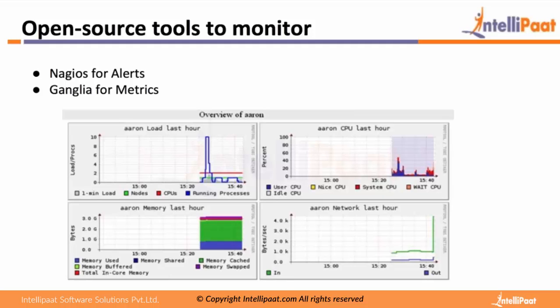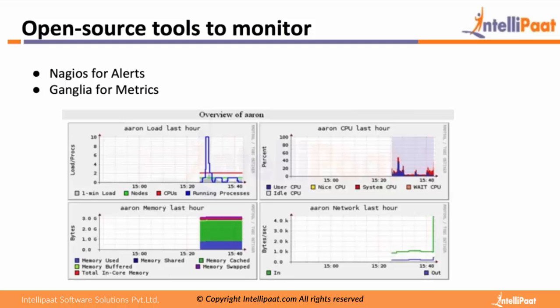Top is a tool in Linux which will show the memory usage, your disk usage and all, per process. You can use that kind of tool and keep going to these nodes, but that's not practically possible. If you have a 500 node cluster, it's not possible.